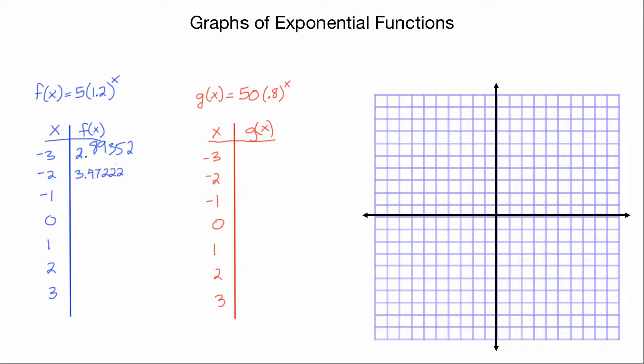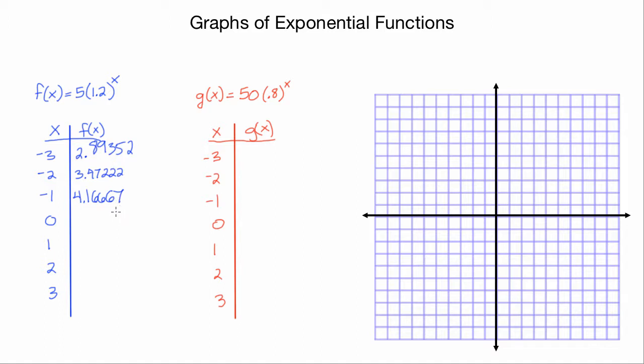If I put in negative 1, we get 4.16667. Now I'm assuming my calculator is rounding some of these off. You can change your calculator settings to see more or fewer digits or round it, but it's going to give us enough to understand the pattern and do some graphing.